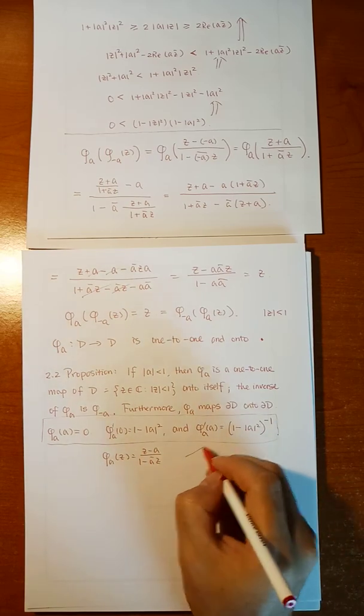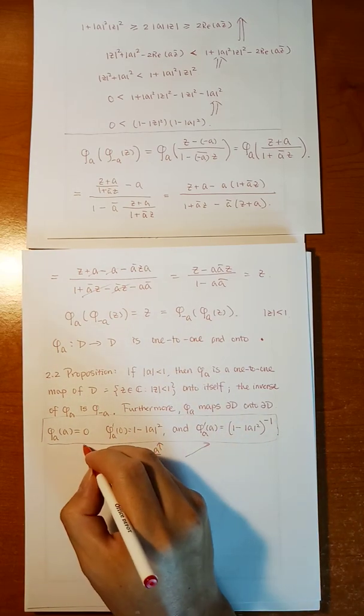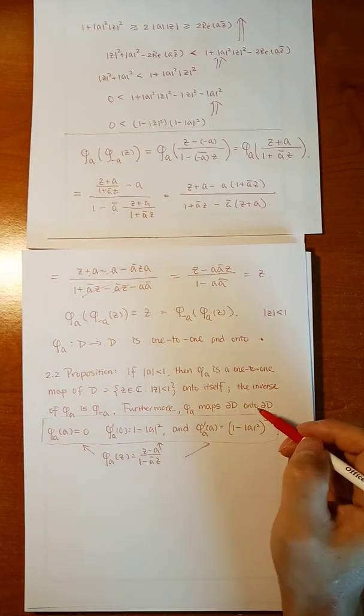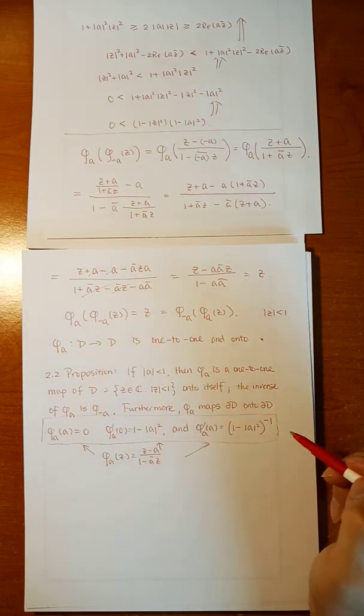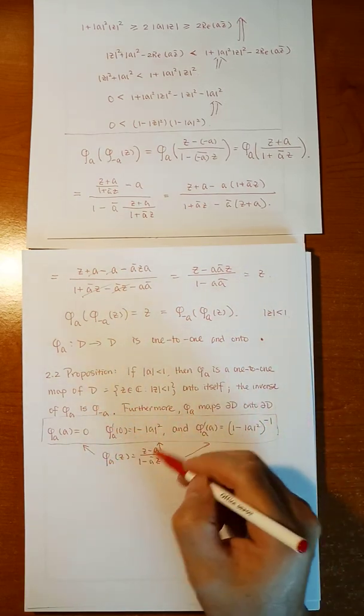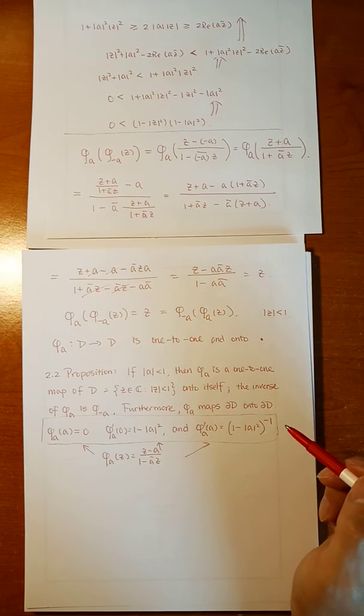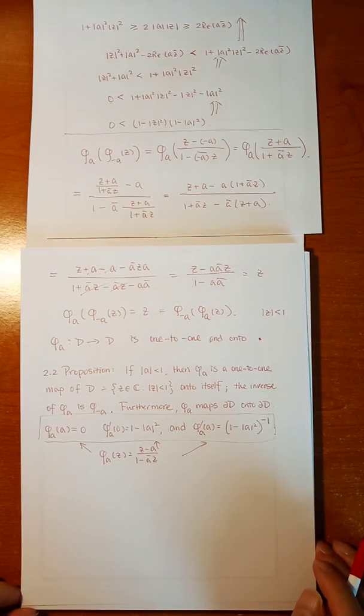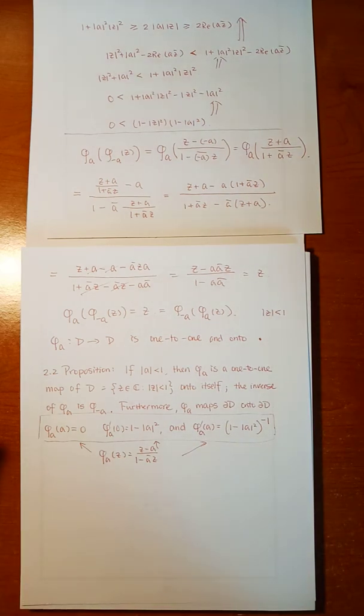So you will get those 3 conditions. And these things we just showed. I didn't compute this one, but I showed that. Okay, so this is like the summary of this type of Mobius transformation.